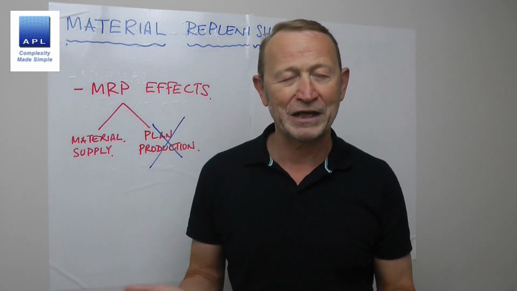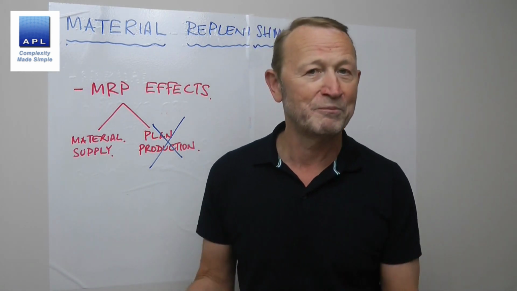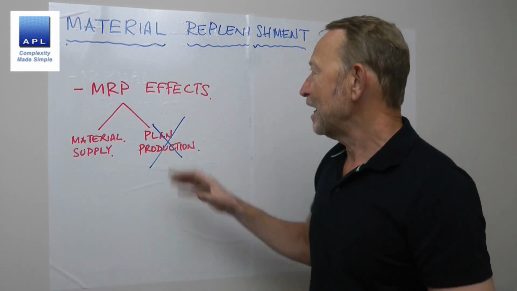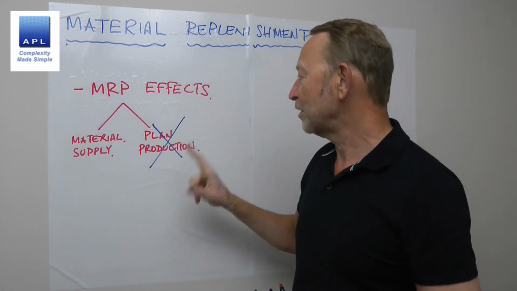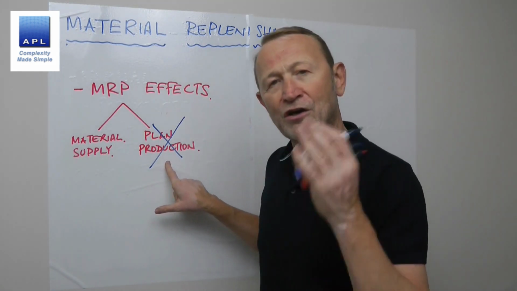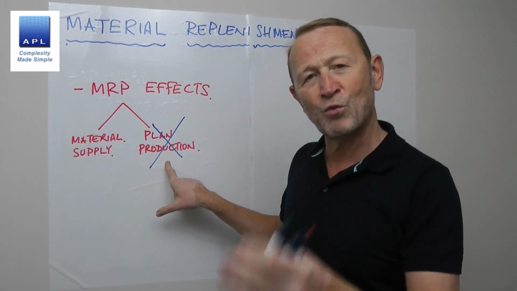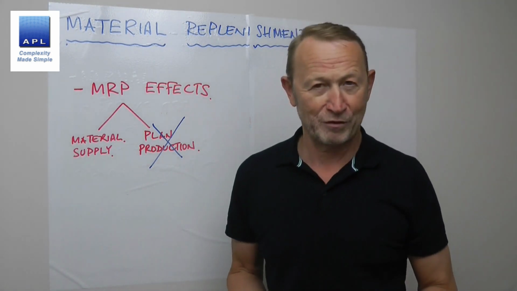So I want to just give you an example of McDonald's making beef burgers. If you use your MRP for these two, what McDonald's would be doing is saying at 10 o'clock on a Wednesday morning, we need 5 beef burgers with the gherkins removed.